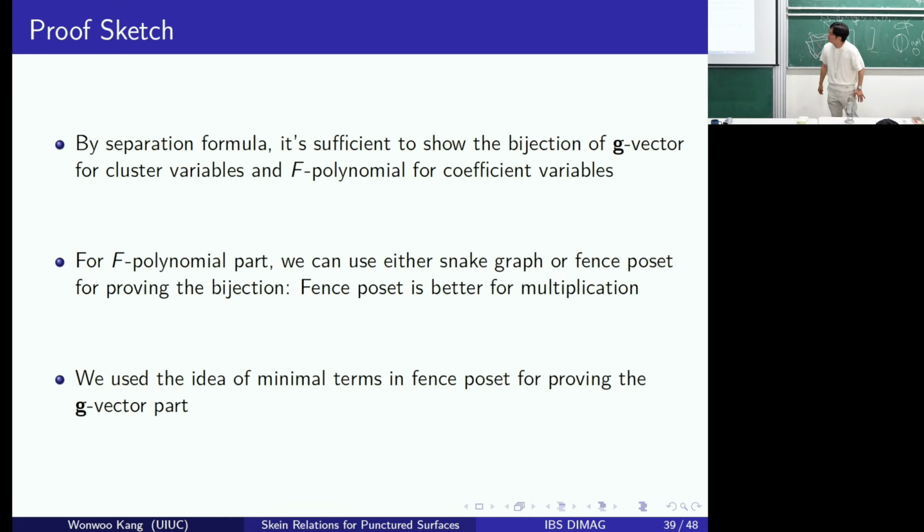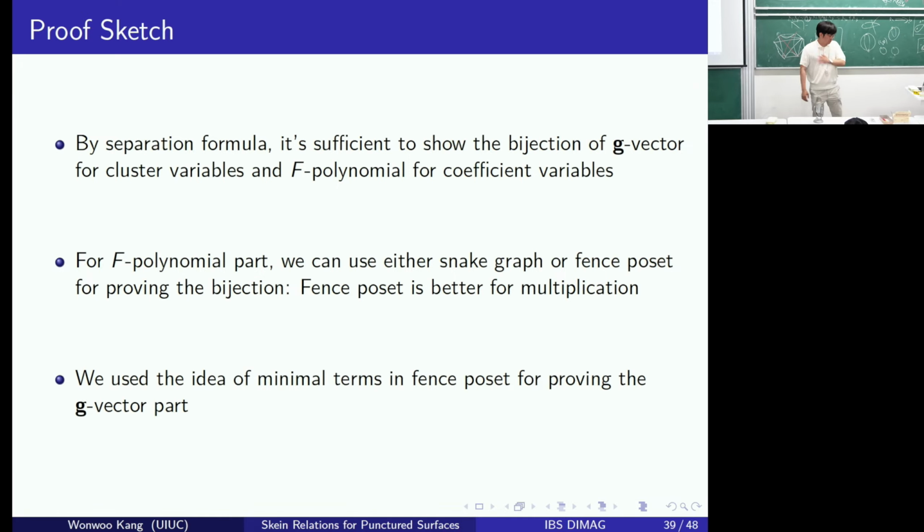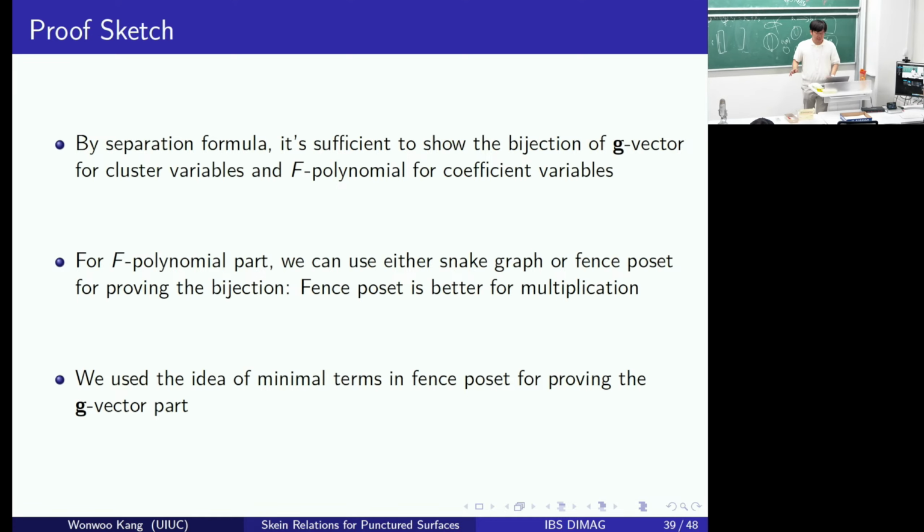For the f polynomial part, we basically use the language of the fence poset, the tool that Xie and Emin actually use. So you use the poset language to express the cluster variables, all the variables inside this cluster algebra, and then you find a bijection of the order ideals of these posets. So that's the big idea.